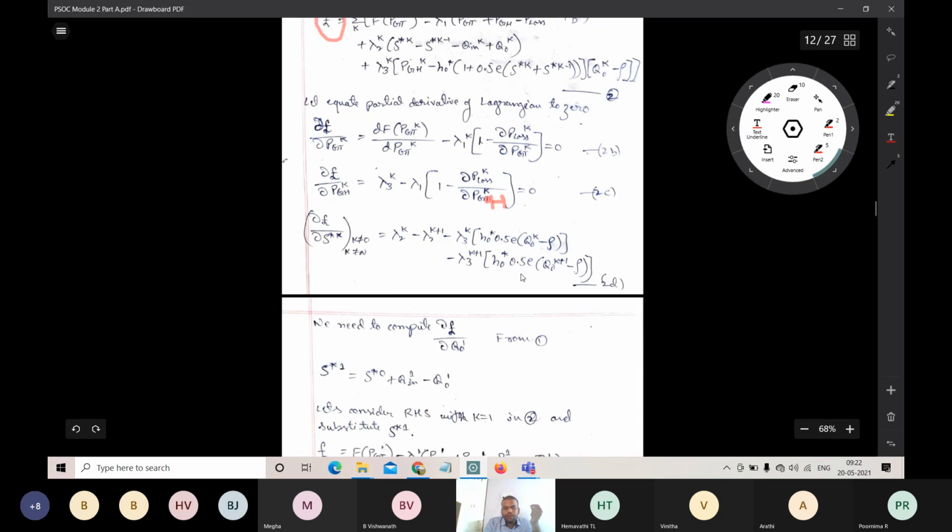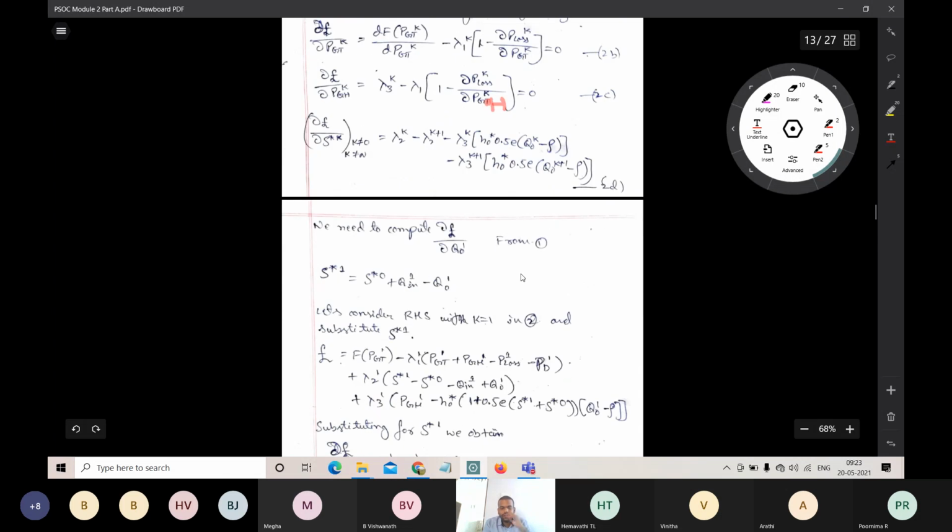Now we need to compute the amount of discharged water. So these are the four equations that we derived for power generation balance, for fuel cost, and for the storage. The next thing is the amount of water which is flowing out.